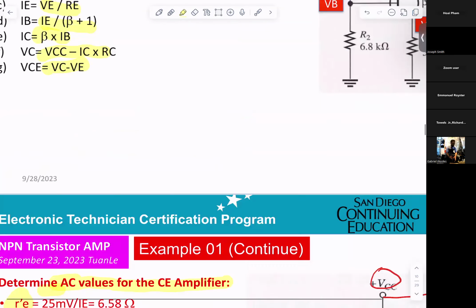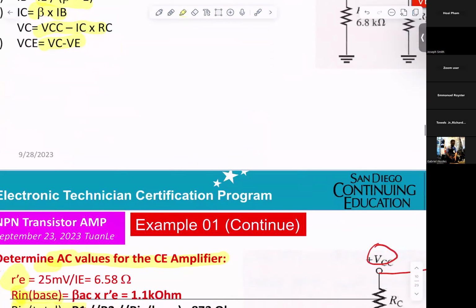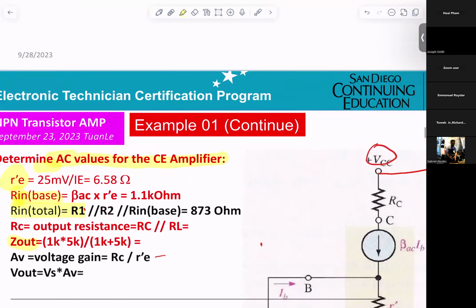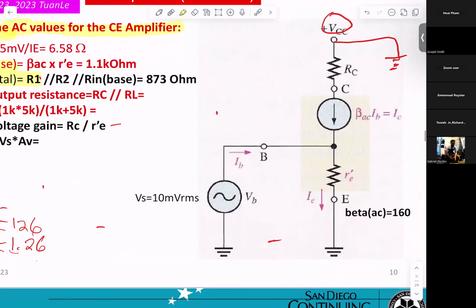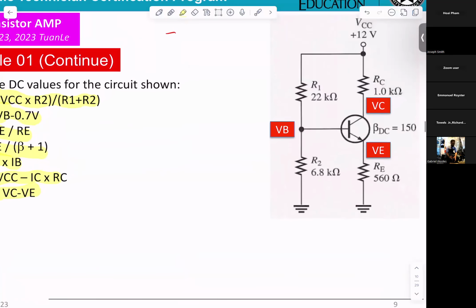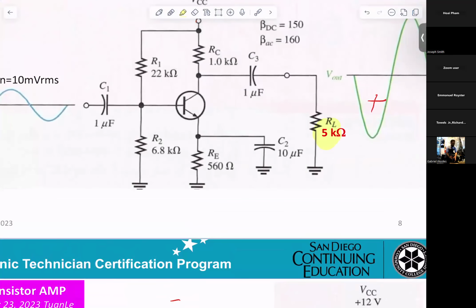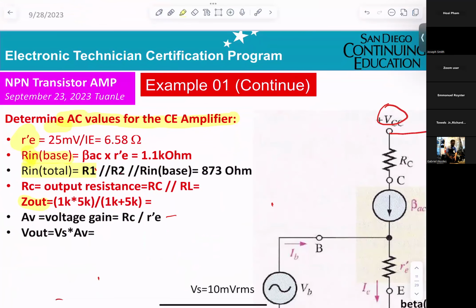RC is 1K, parallel to a load. This one looks like we don't have a load here. A load here, 5K. So 1K parallel with 5K.